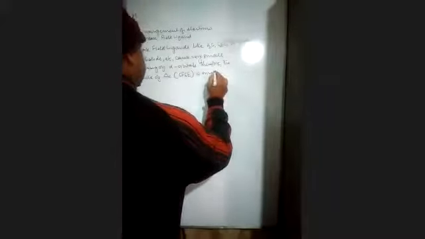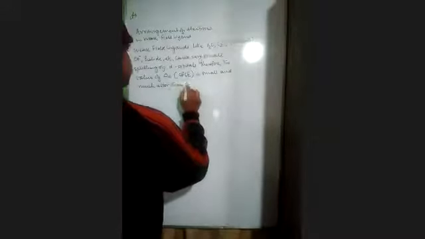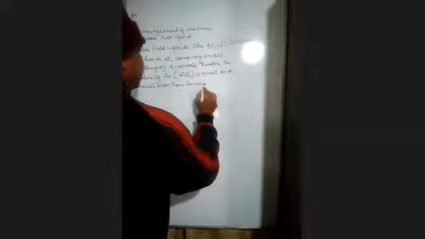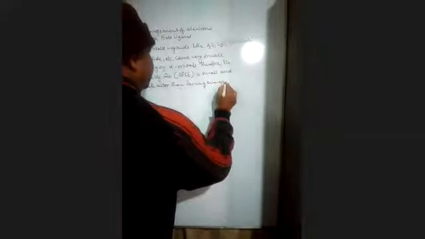This is accepted form, CFSE, crystal field splitting energy, is small and much lesser than pairing energy, that is delta O.